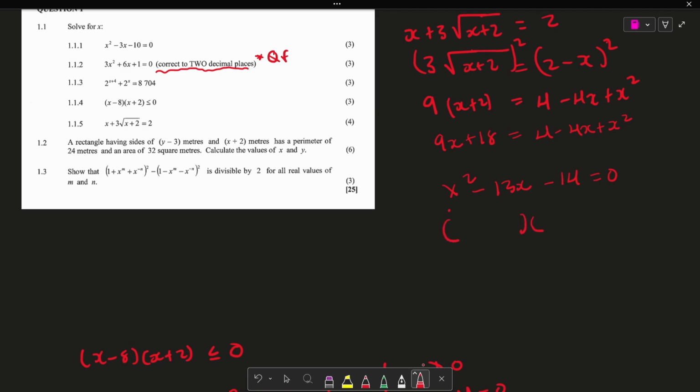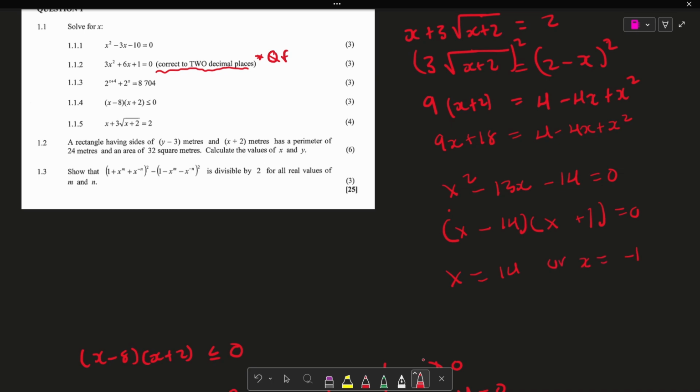You can see now it makes sense. Okay, so you're gonna have x minus 14 and x plus 1. Sorry about this, there's already an x here. So you can see that x is equal to 14, or x is equal to minus 1.